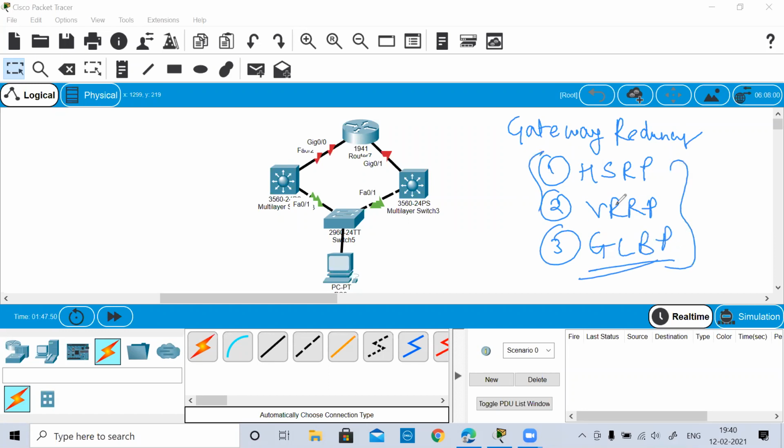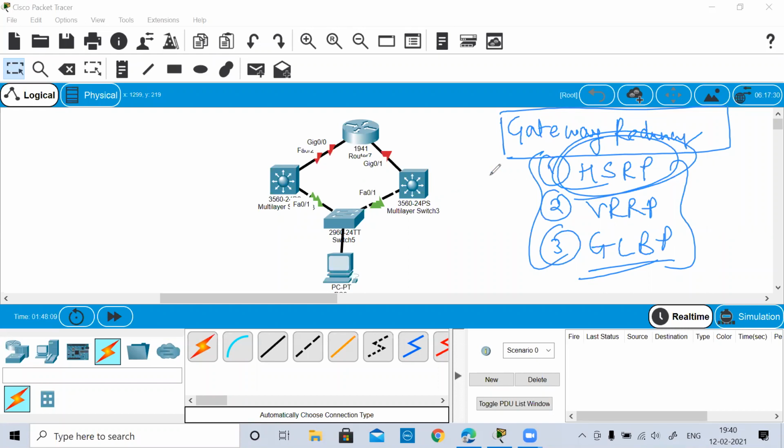These are the three protocols which fall under gateway redundancy. Using these three, you can basically achieve the target of having a redundancy deployed for your default gateway. We will be discussing HSRP, which stands for Hot Standby Router Protocol.